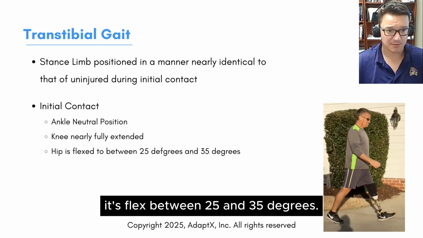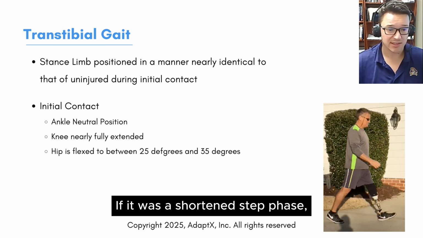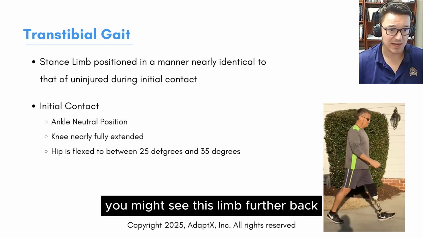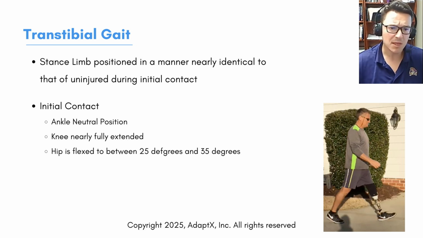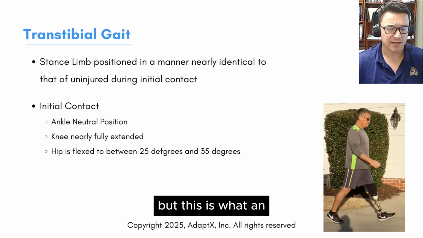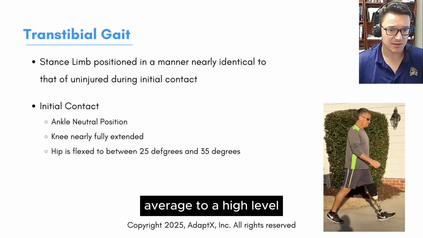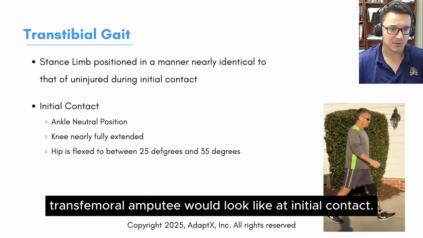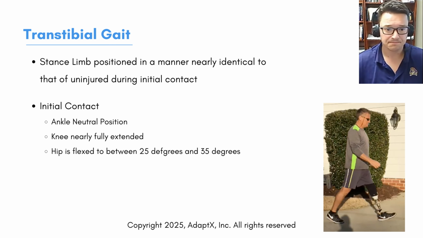And if you look at the hip, it's flexed between 25 and 35 degrees. If it was a shortened step phase, you might see this limb further back and then have less hip flexion. But this is what an average to high level transtibial amputee will look like at initial contact.